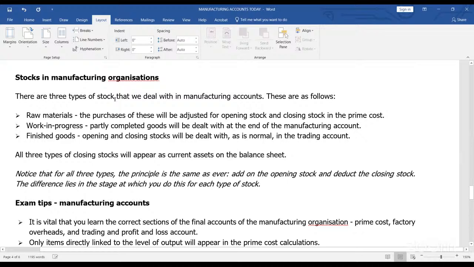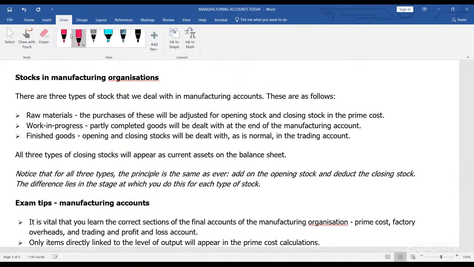Now, in manufacturing organizations, we have three types of inventories. What are these three types of inventories? We have what we call raw materials, because we know these firms, as they are doing production, they need raw materials.